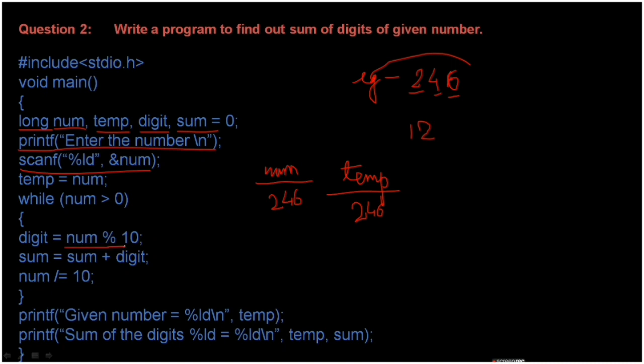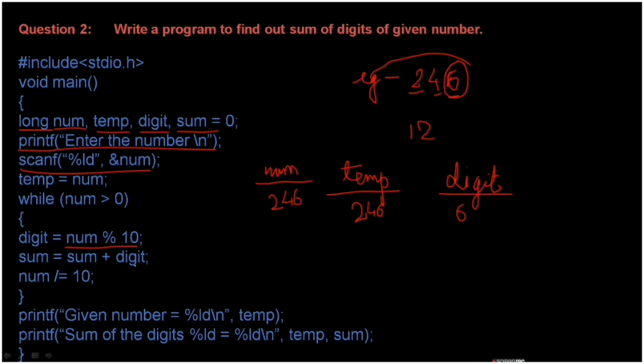The modulus operator will give the remainder value. So 246 mod 10 will give you 6. So digit contains the 6 value, because the modulus operator gives us the remainder. So we got the last digit of the number, that is 6.